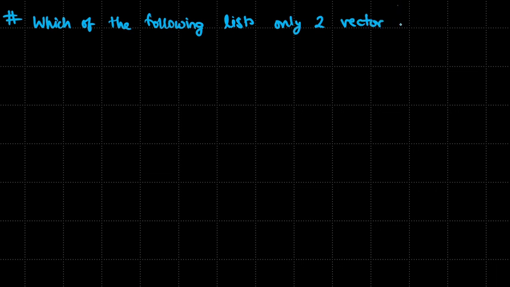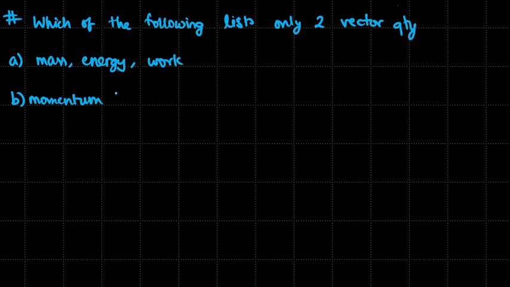The options are: first, mass, energy, and work. The second one is momentum, work, and speed.